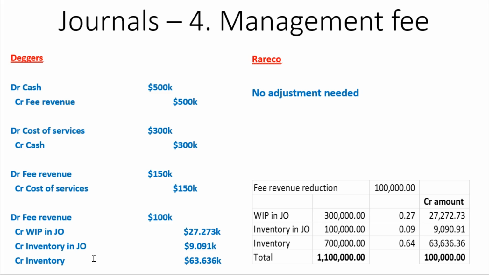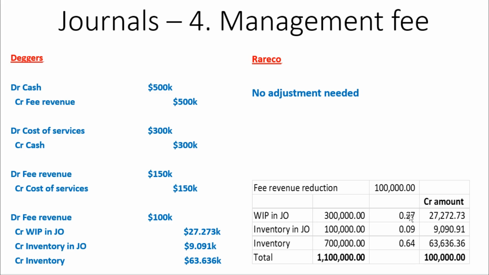This is the exact same process as we went through before in the depreciation adjustment. So we know that our total was 1.1 million. When we take the proportionate amounts of each account of this total, we get the percentage. We then multiply that percentage by the fee revenue reduction, and that gives us the amount that we need to reduce each individual inventory related account by, because we know our inventory is overvalued by that $100,000, right?